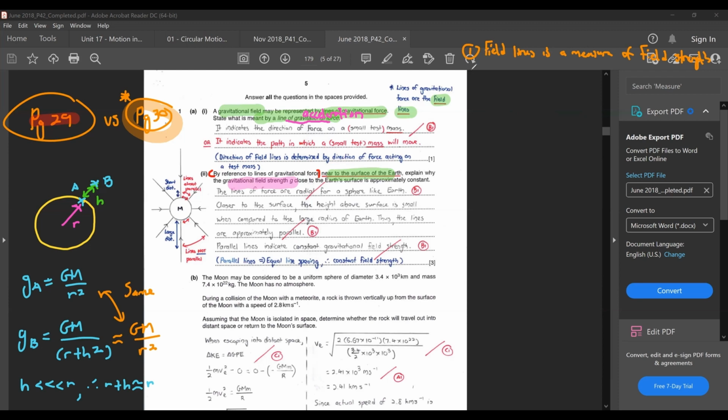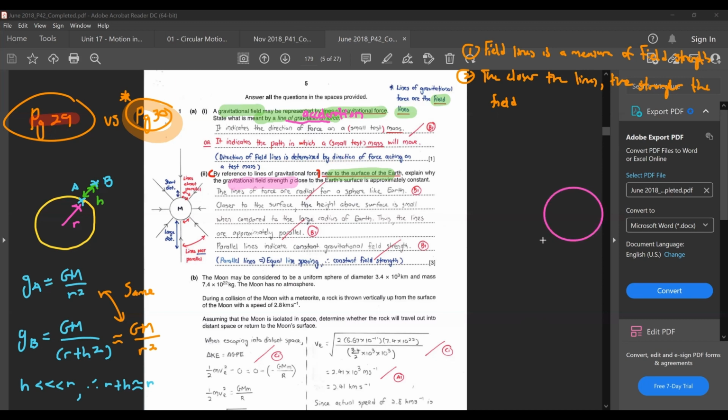I mentioned then further that the closer the lines, the stronger the field. Okay, that is the main thing here to refer to when it comes to answering this question.